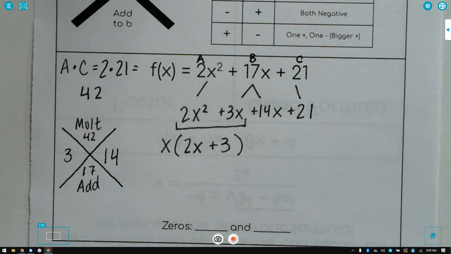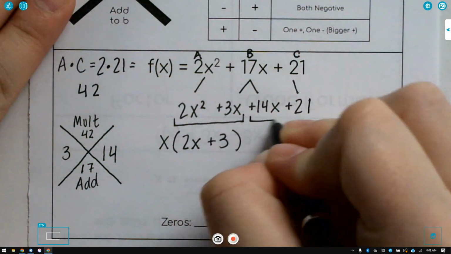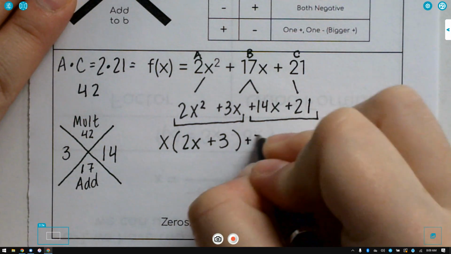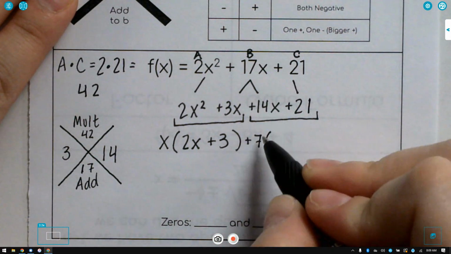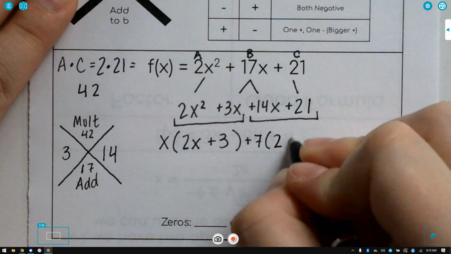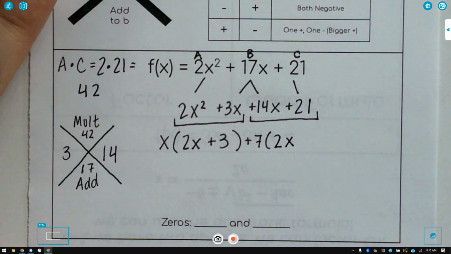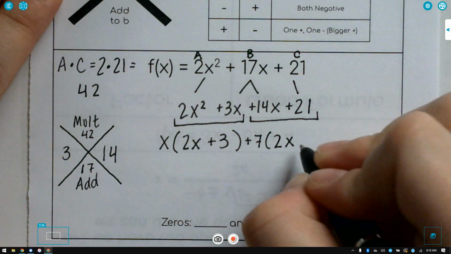14x and 21. We can divide 14 and 21 both by 7. We'll divide a 7 out. 14 divided by 7 is 2, and we still have that x. 21 divided by 7 is 3.